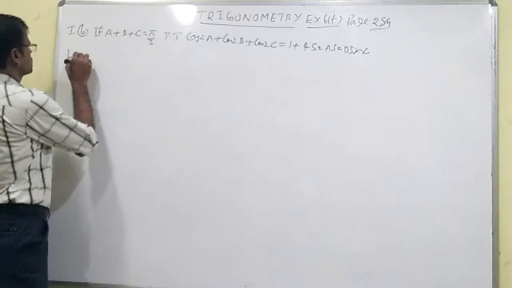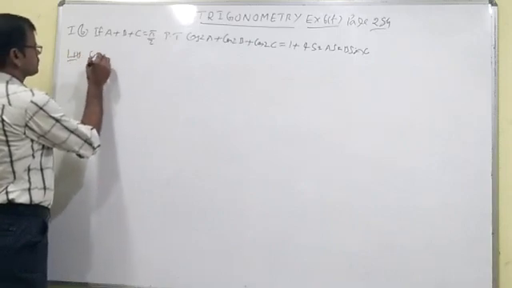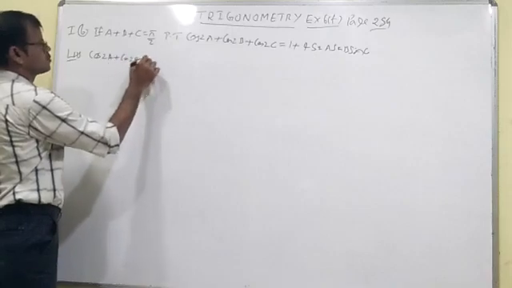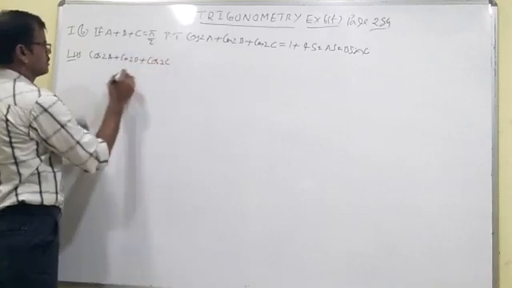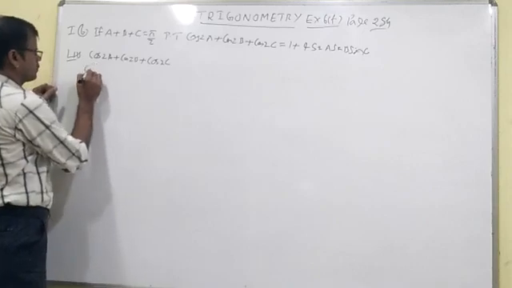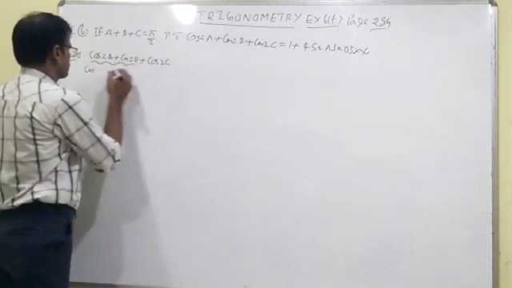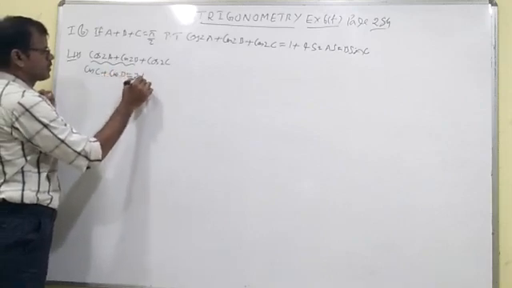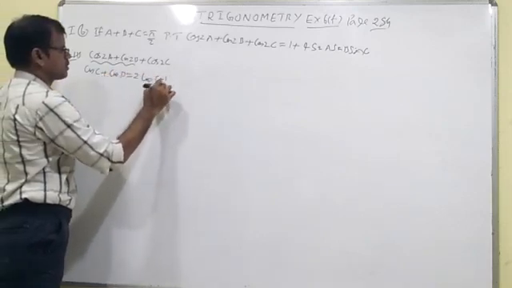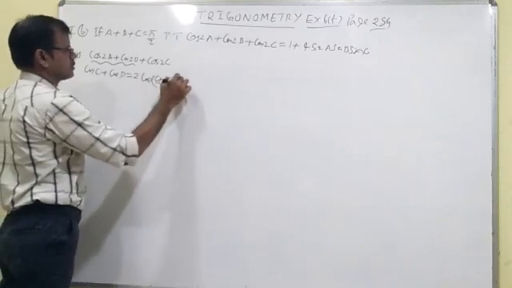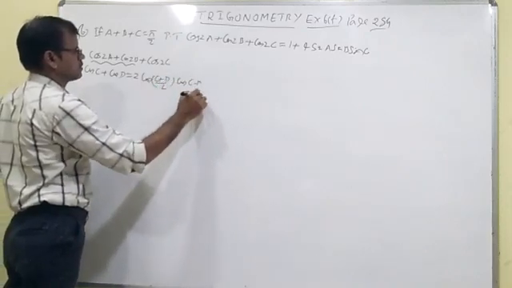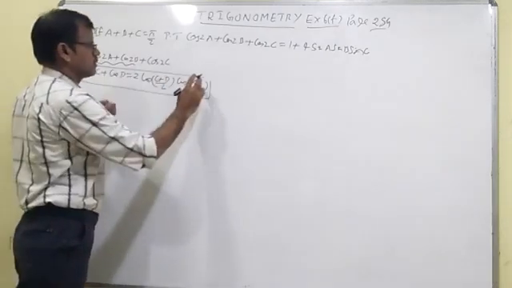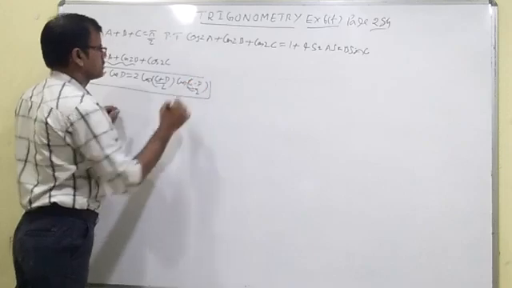Take LHS. LHS is cos 2a plus cos 2b plus cos 2c. Here, for the first two terms, apply the formula of cos c plus cos d, which is equal to 2 cos of (c plus d) by 2 into cos of (c minus d) by 2.